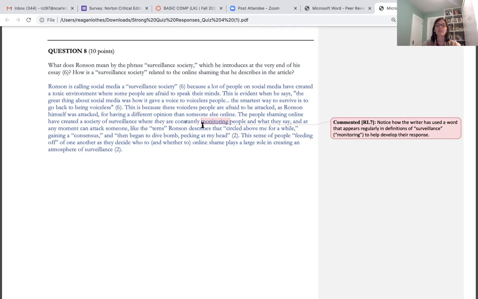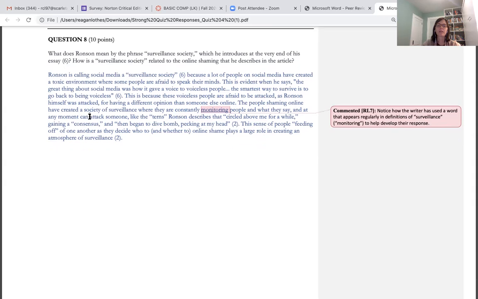And so here, to discuss surveillance society, surveillance is defined in terms of monitoring, right? So you're monitoring people's behavior, you're surveilling them. And so this word gives us a nice jumping off point to move from paraphrasing the quotation to close reading and analysis.